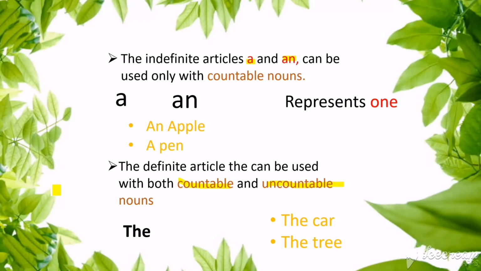You can take another example, the sun. Sun comes under uncountable nouns. Therefore, you can use the along with uncountable nouns like that: the water, the sun. So this is how the is used along with countable and uncountable nouns.